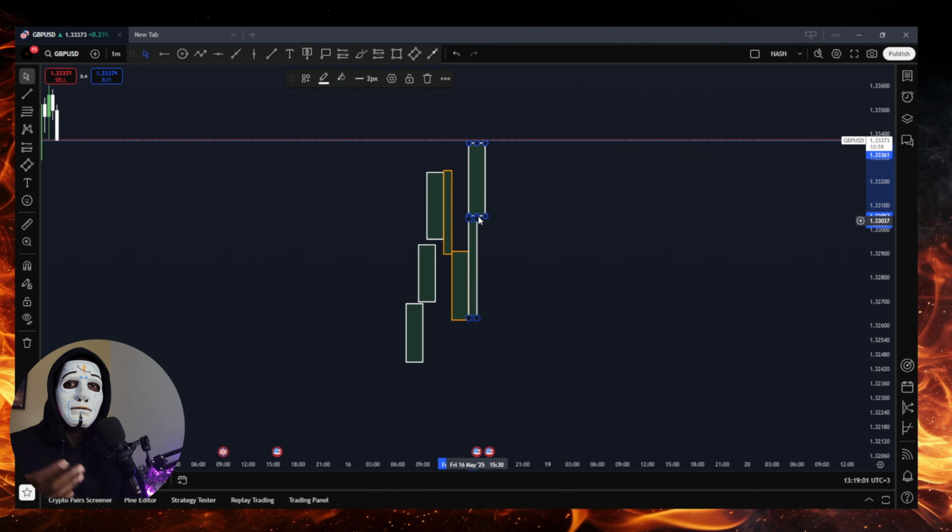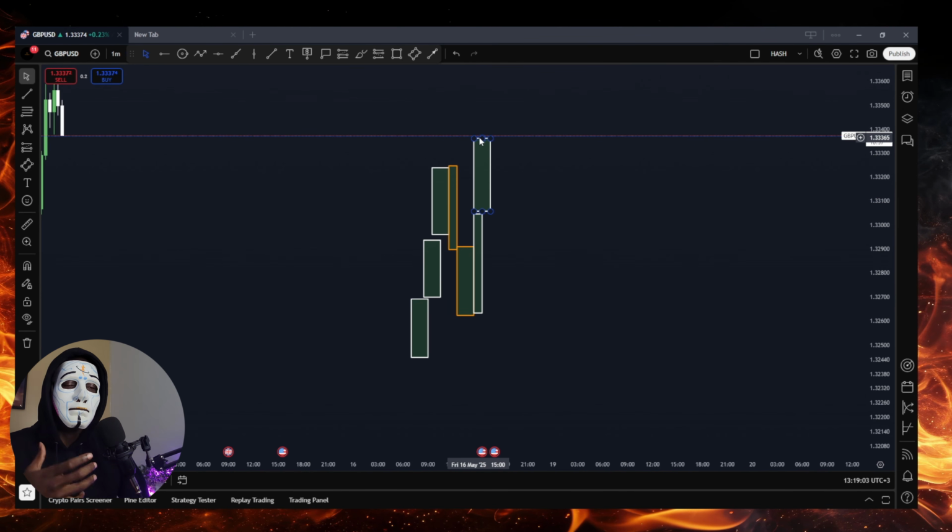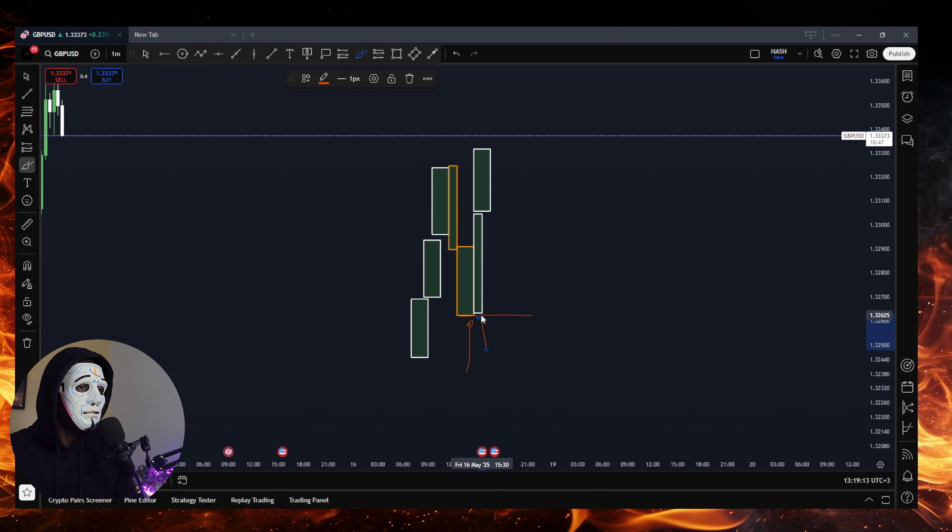All right. So we want to identify the higher highs and higher lows. Everywhere we see opposite candles, like here, we have a sell candle and then a buy candle. This is a higher low, and this is a higher high.